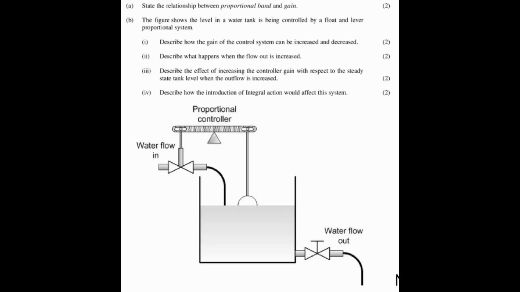Describe what happens when the flow out is increased. 3. Describe the effect of increasing the controller gain with respect to the steady state tank level when the outflow is increased. 4. Describe how the introduction of integral action would affect this system.